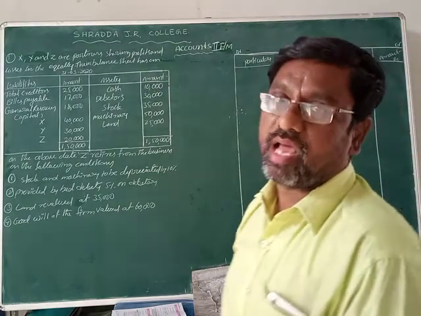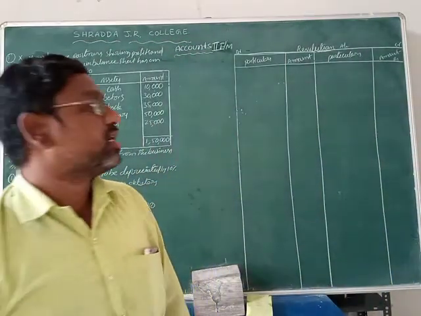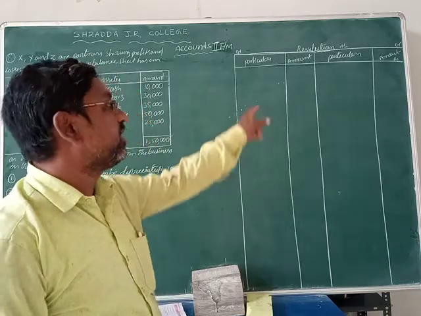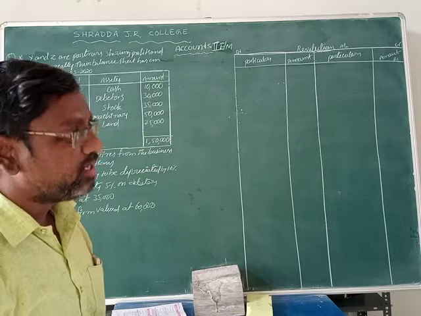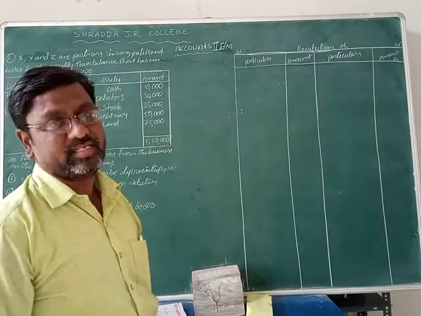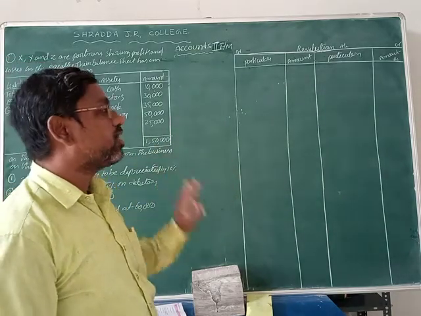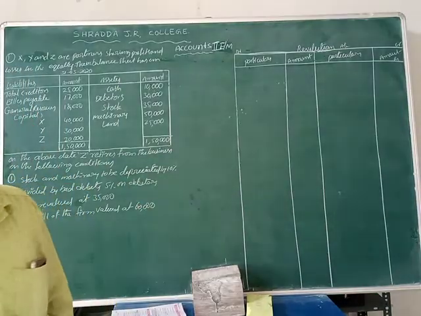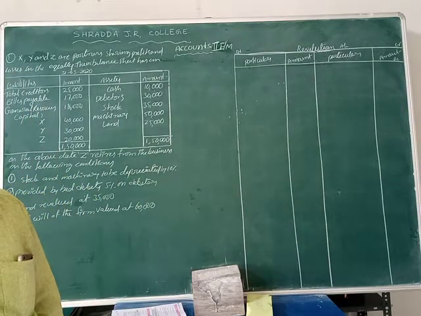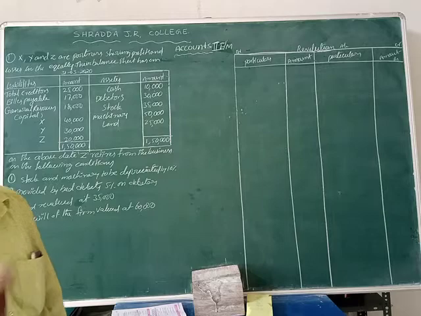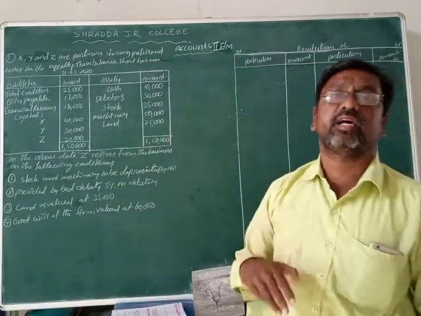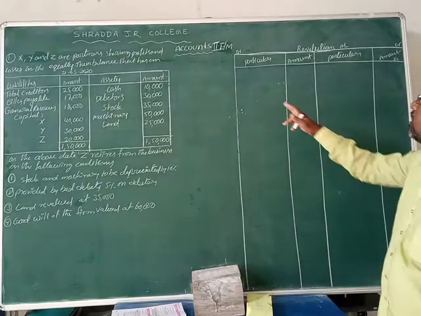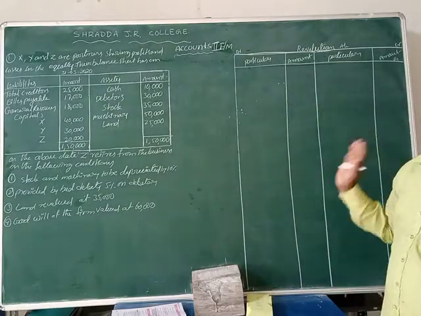In the revaluation account, if an asset value is increasing, we record it on the credit side. If an asset value is decreasing, we record it on the debit side. So in the revaluation account we record increases or decreases in assets and liabilities, students.